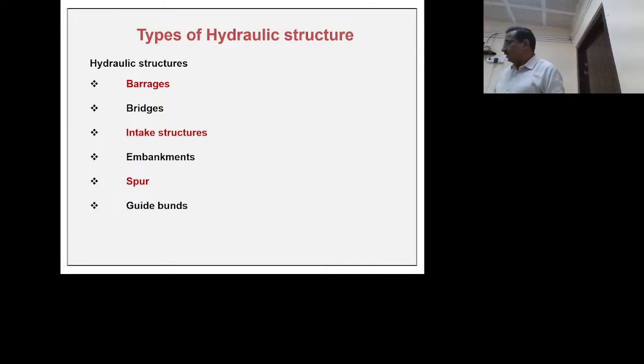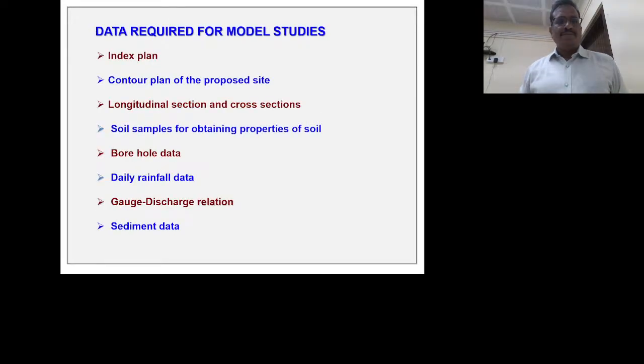And the guide bunds, just now I explained about the guide bunds. So these are the hydraulic structures we are using in river modeling. So the data required for model studies are the index plan, plan of the project, contour plan for the proposed site, longitudinal section.